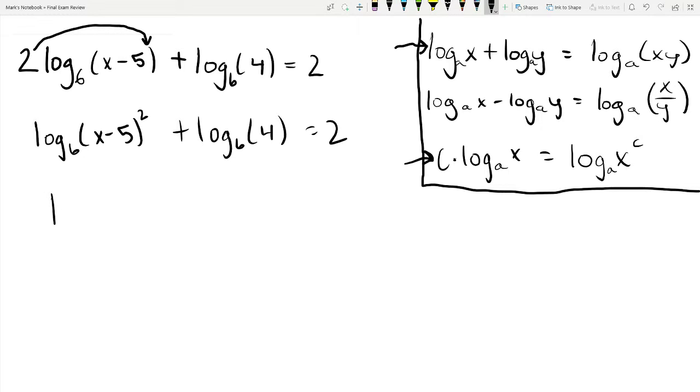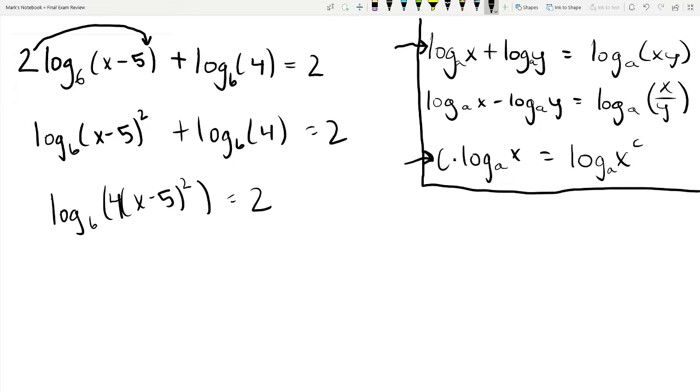So simplifying again, we'll get log base 6 of (x minus 5) squared times 4, and I'll just write that out in front, and all of that is going to be equal to 2.